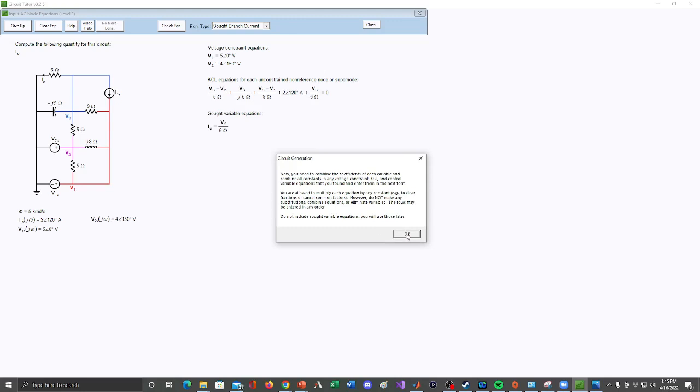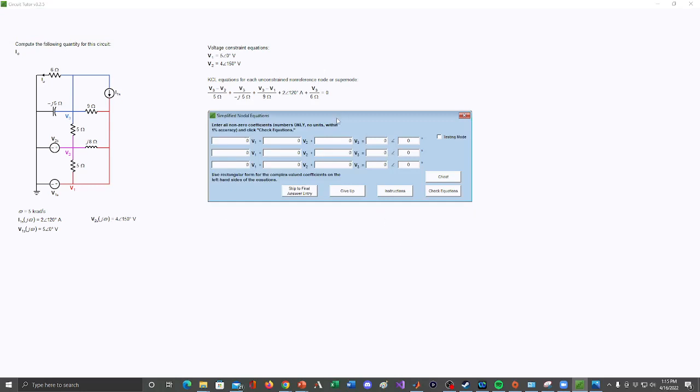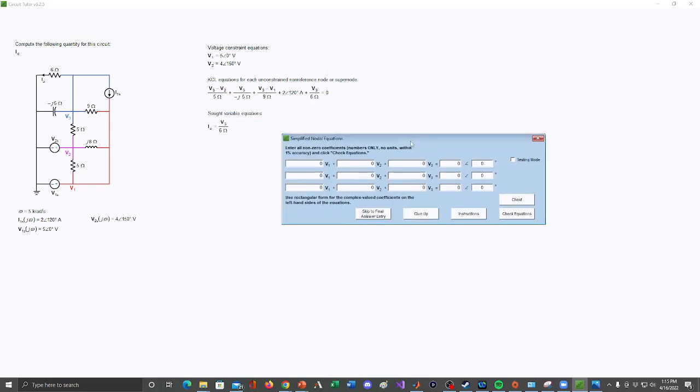It says to clear fractions or cancel common factors. Okay, so we need to get all of our rows in terms of V1, V2, V3. So 1 V1 is equal to 5 angle 0. 1 V2 is equal to 4 angle 150.